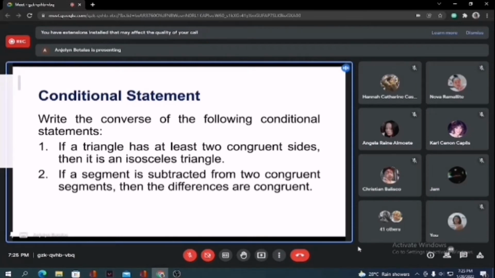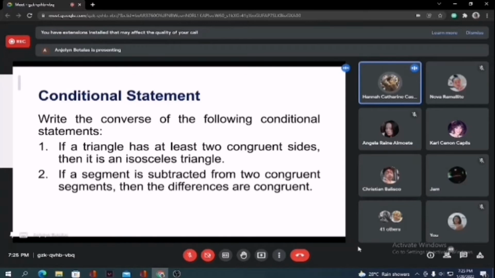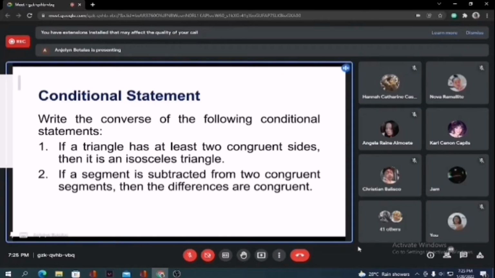Pero kung confusing kayo, if the differences are congruent, sa man siya? Differences sa? Segments. Of segments are congruent. Okay. So, if the differences of the segments are congruent, then a segment is subtracted from two congruent segments. Pwede na. Okay?